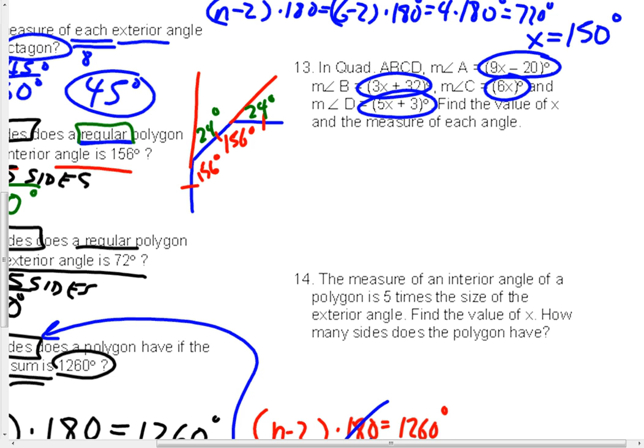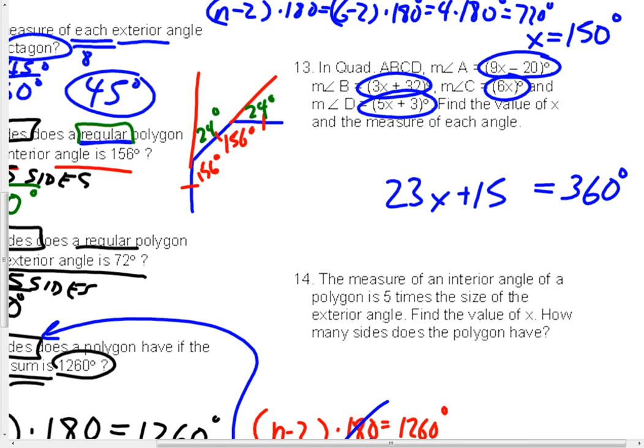Yeah. He totaled up all of those. He got 23x plus 15. And what did he make it equal to? 360. For a quad, everything adds up to 360.